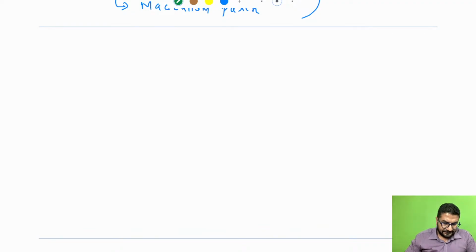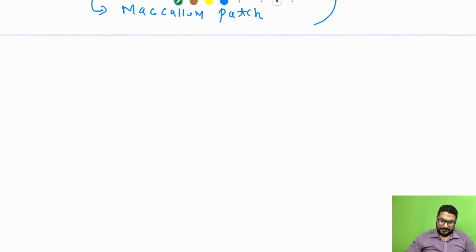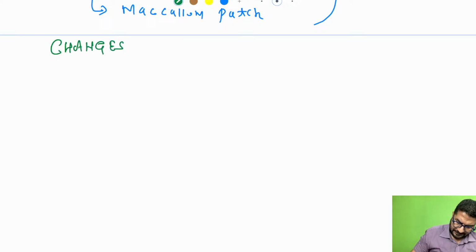Okay, let's move ahead a little. Now understand, they ask you questions about MI, meaning what changes you will see. So after MI, what are the changes you will see? In MI they ask you questions either on changes or on markers.